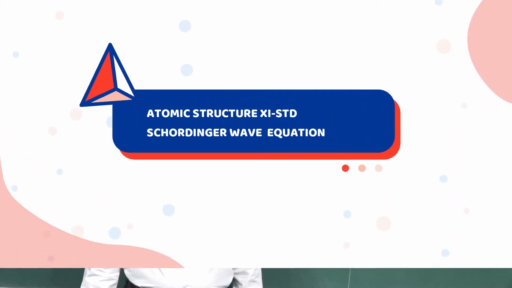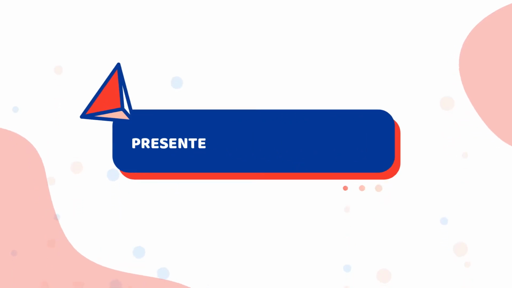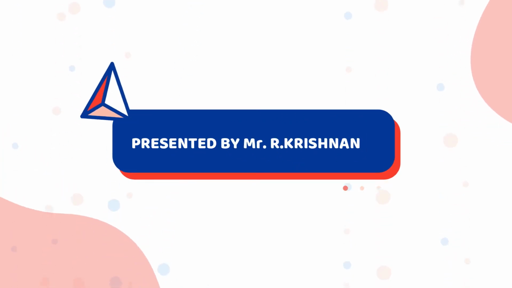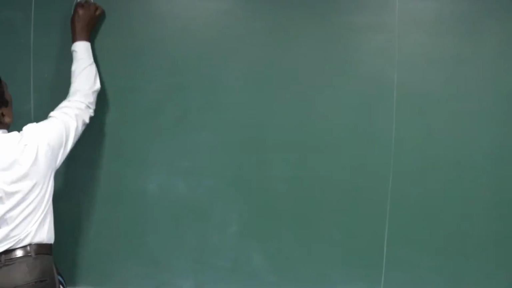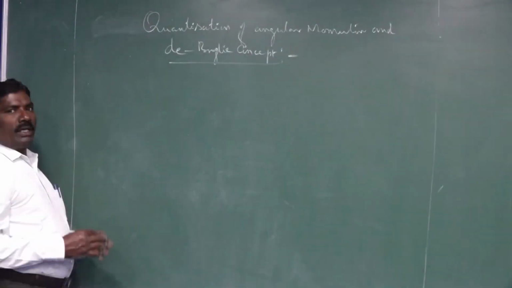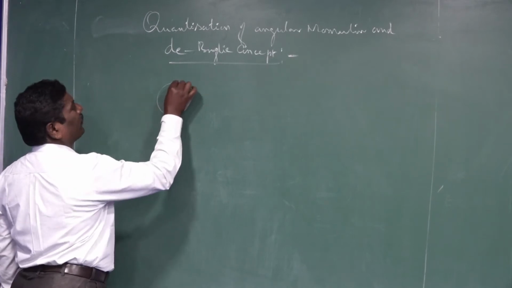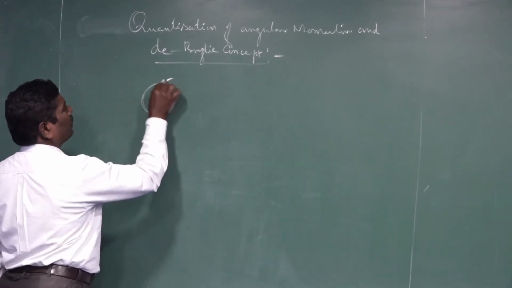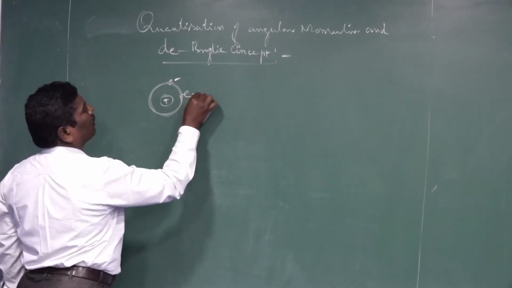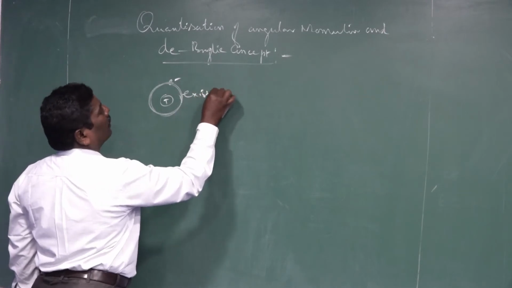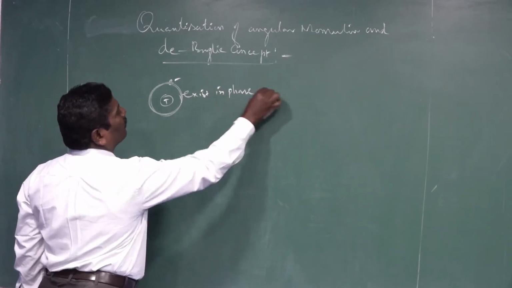Today we are going to see the concept of quantization of angular momentum under de Broglie's theory, that is, in atomic structure. Think about the electron to be existing in phase.